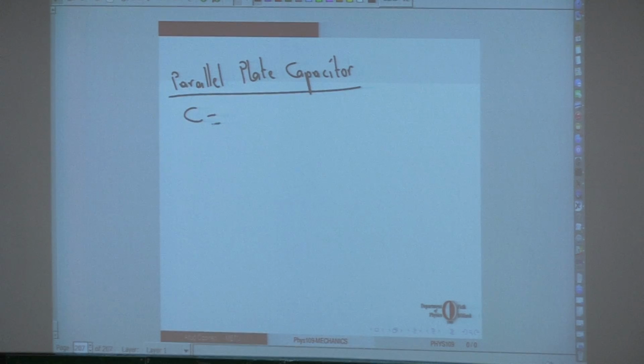Now, we already know the capacitance of the parallel plate capacitor. Do you remember? A over D or D over A? A over D. If you have a larger area, you can store more charge, so the capacitance should be larger.